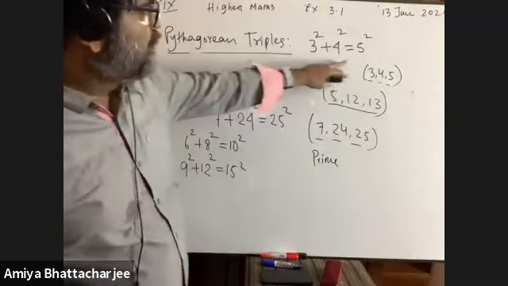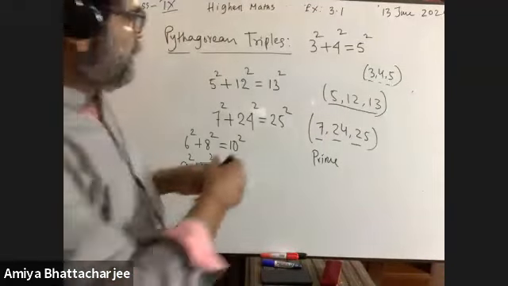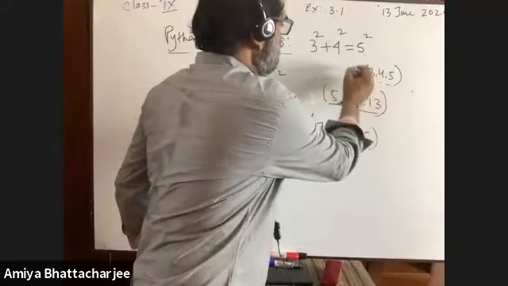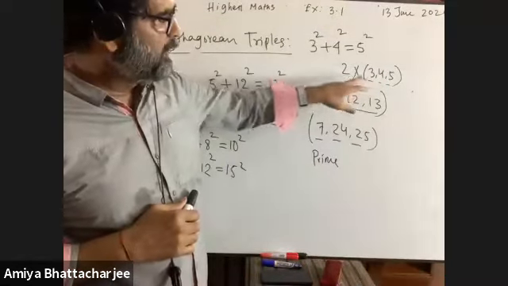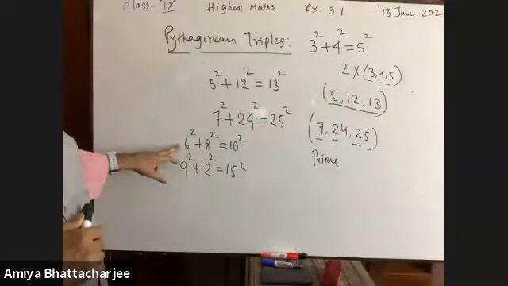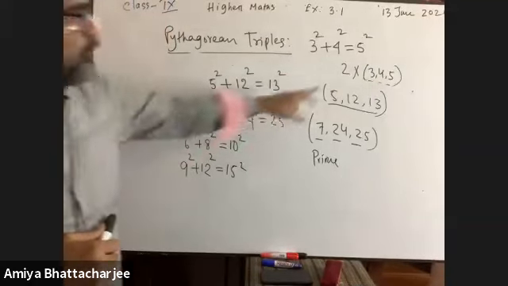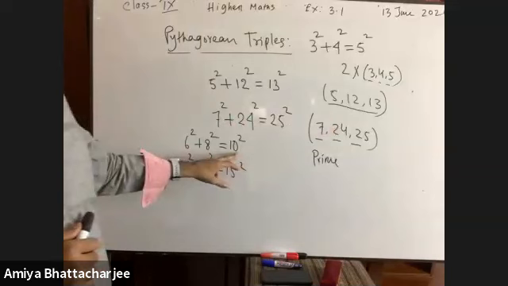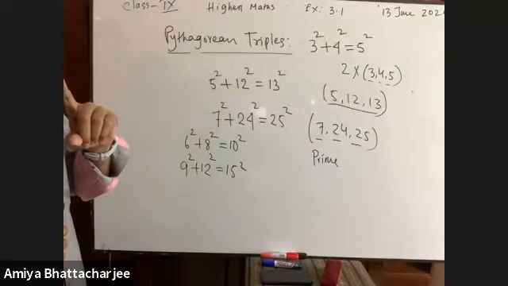It is 3, 4, 5, right? If we multiply it by 2, let me know the result. I am going to multiply these triples by 2. 2 threes are 6, 2 into 4 equals 8, 2 into 5 equals 10.